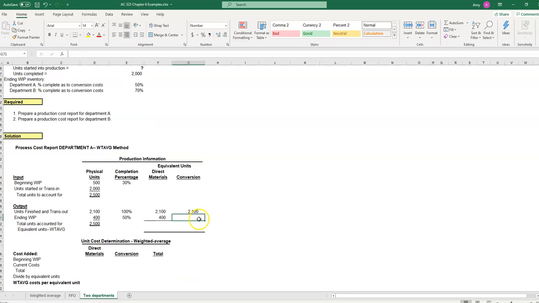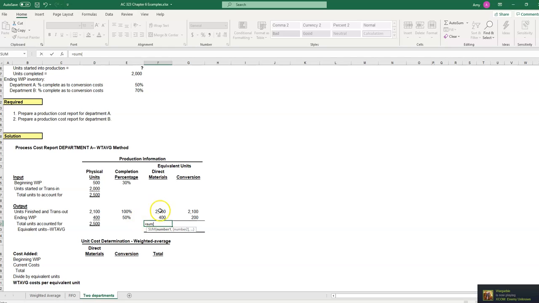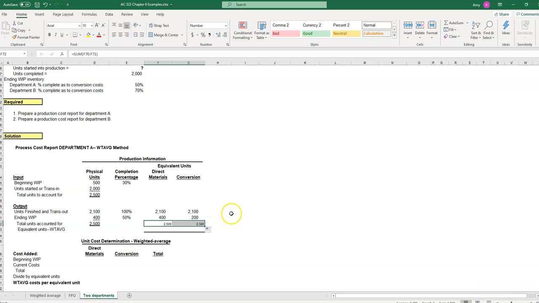So we are 50% for conversion. So we would take that 400 times 50% and have 200 for conversion. We have 2,500 equivalent units for direct materials and 2,300 for conversion.